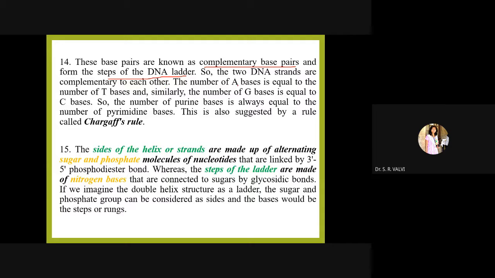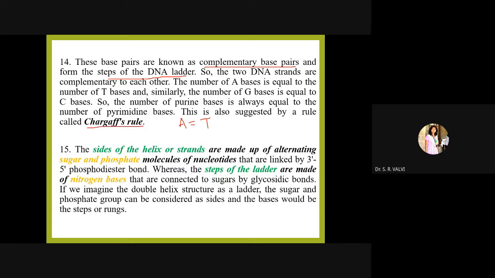So the number of A bases is equal to the number of T bases, right? So how many are there? They are equal to the T bases, right? So suppose there are 2 A, then there would be 2 T only, right? So equal numbers of purine bases and pyrimidine bases would be there, and this base pairing is again based on Chargaff's rule.